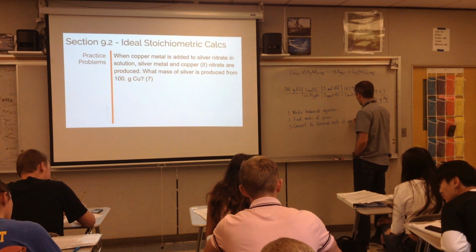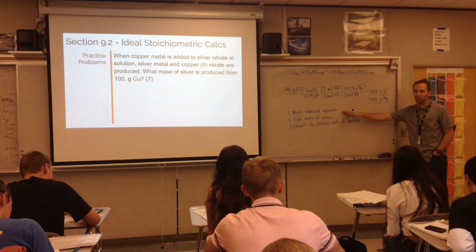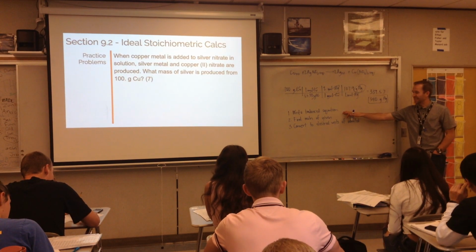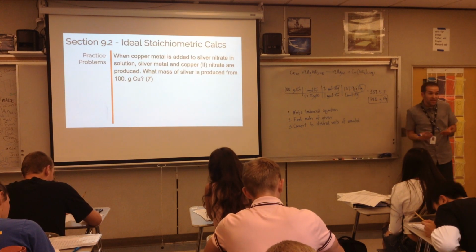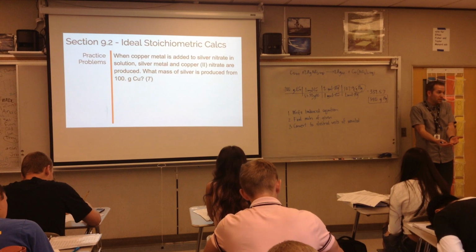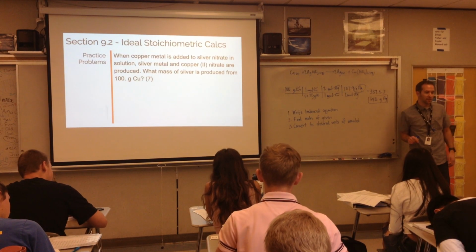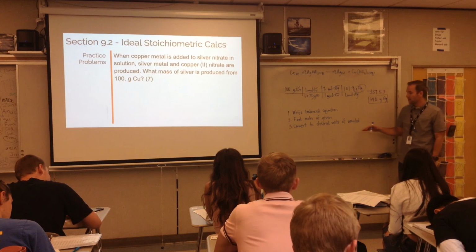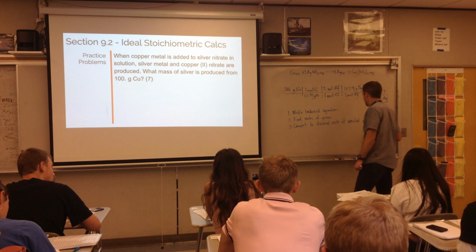Okay. In summary, first thing, write your balanced chemical equation. Second thing, find your moles of given. Sometimes that's easy because they already give it to you, right? Sometimes it's not, and you got to use your molar mass to convert. Then we're going to convert. Oh, geez, I skipped a step here. That's hilarious.